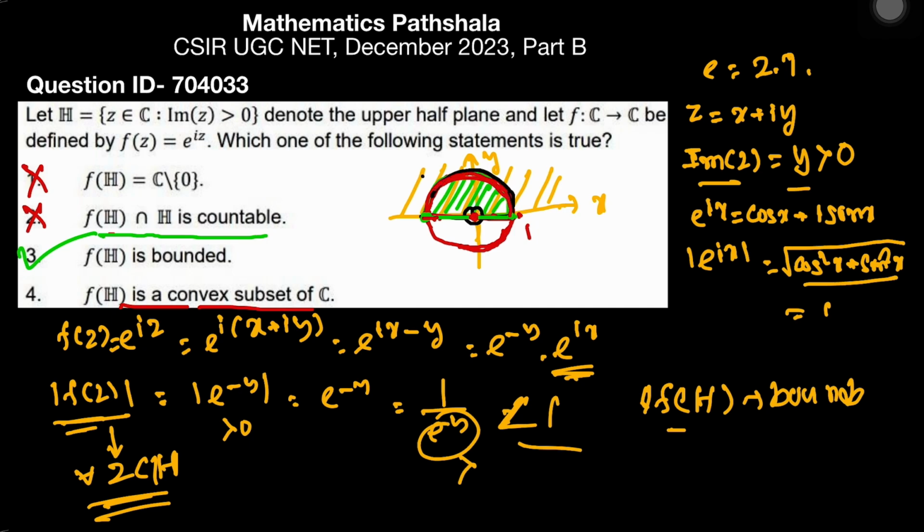So the whole line segment does not belong to this curve, because the 0 point does not belong to this curve. Therefore f(H) is not a convex subset of C. So option 4 is false.